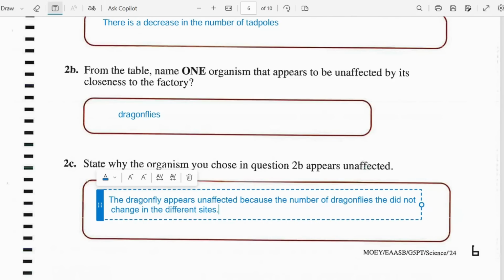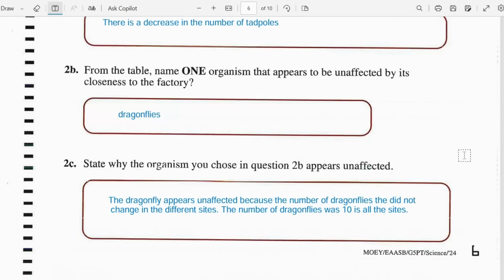That it remained consistent. The number of dragonflies was 10 in all the sites. I could say that there were 10 dragonflies in all of the sites.